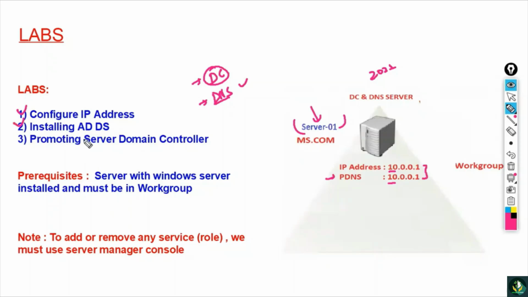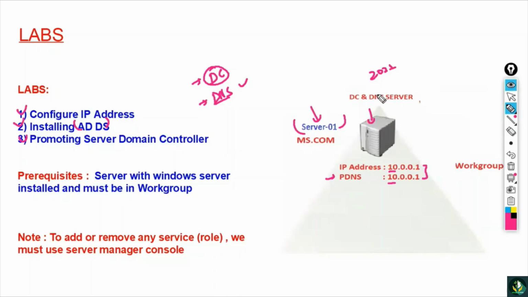Then we will install ADDS. After installing ADDS, we will promote this server to domain controller. So guys, you need to remember this point: installing ADDS is not enough to make this server a domain controller. We need to promote this server to domain controller after installing ADDS. And the prerequisites: a server with a Windows Server operating system installed.